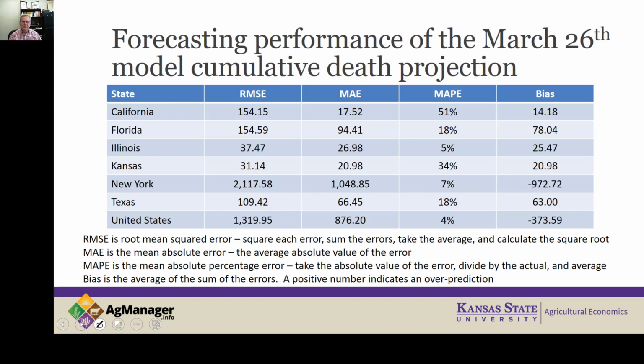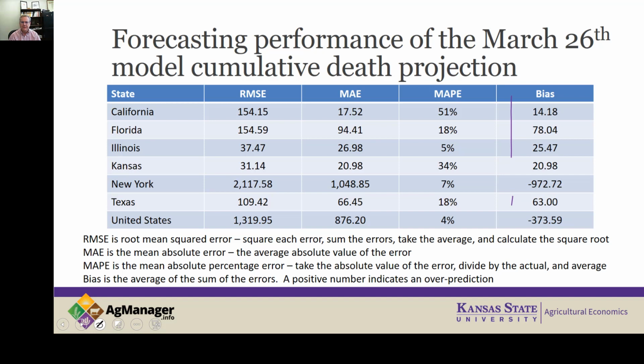In terms of looking at this, you can look at the forecasting performance of these models. Same type of thing, there is positive bias in California, Florida, Illinois, Kansas, and Texas.